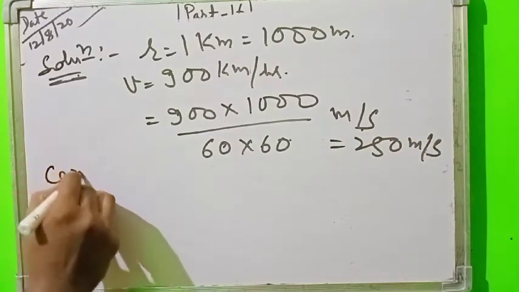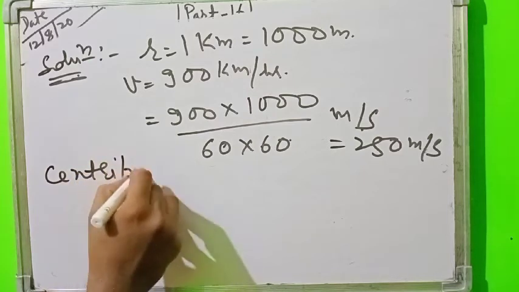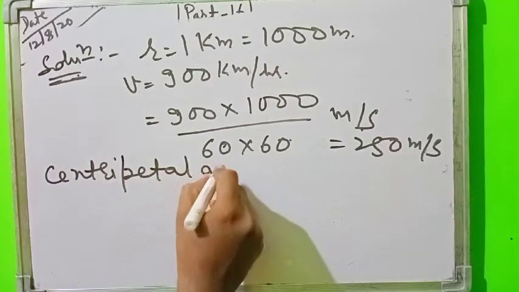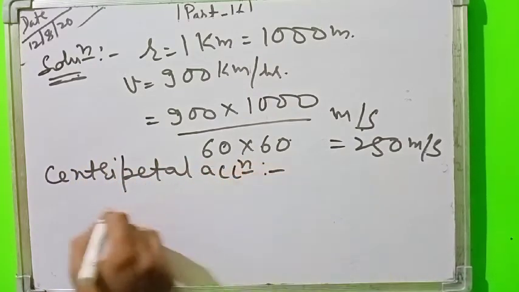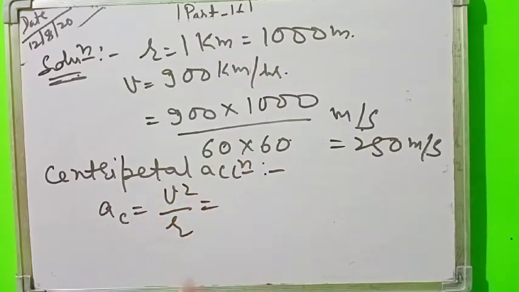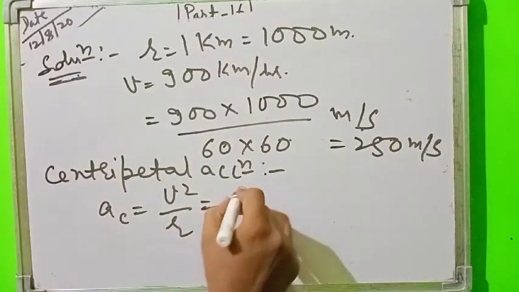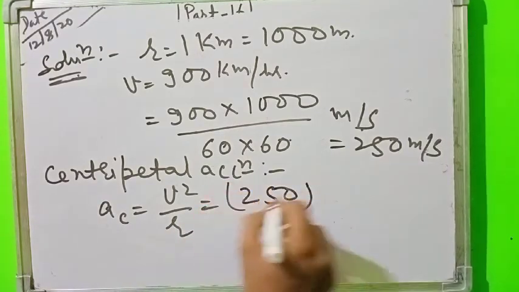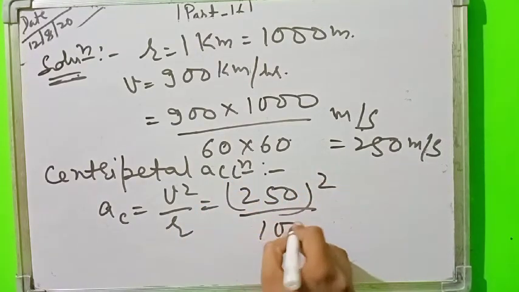Centripetal acceleration, a_c is equal to v square upon R. It means 250 square upon 1000.